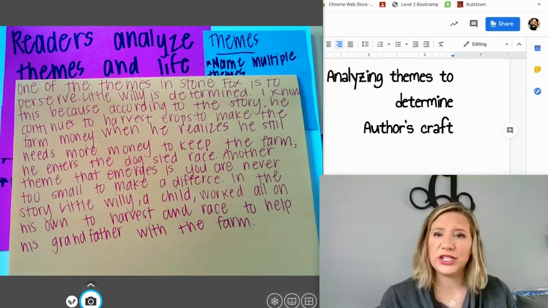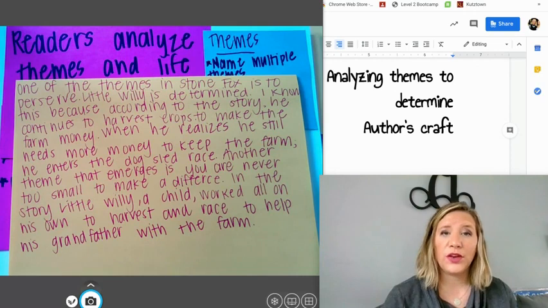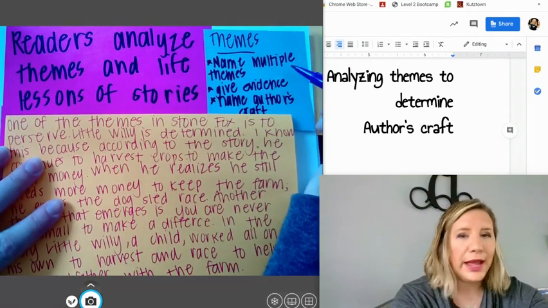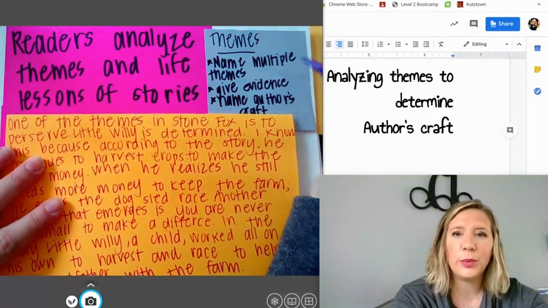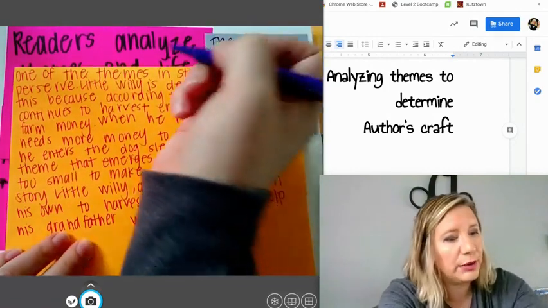Another theme that emerges is you're never too small to make a difference. In the story, Little Willie, a child, worked on his own to harvest and race to help his grandfather with the farm. So if I go back to my how to do this work, name multiple themes. That's one of the parts of it. So I talk about one theme.